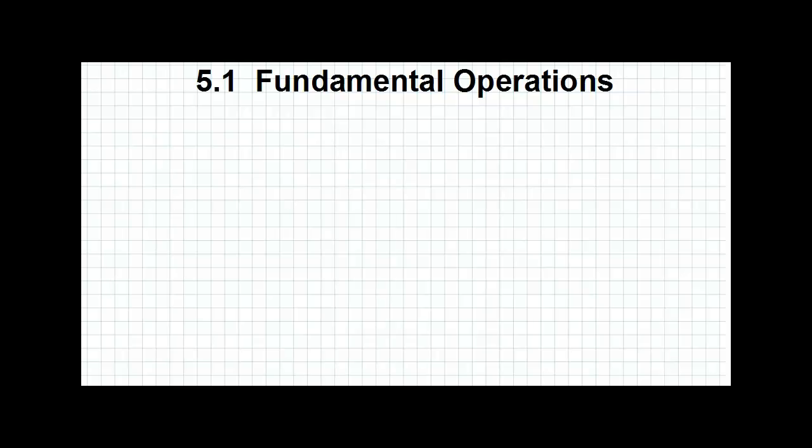Starting with our lesson, I want to ask you a question. 5 plus 3 times 2. Some of you will say that the answer here is 5 plus 3 is 8, 8 times 2 is 16.